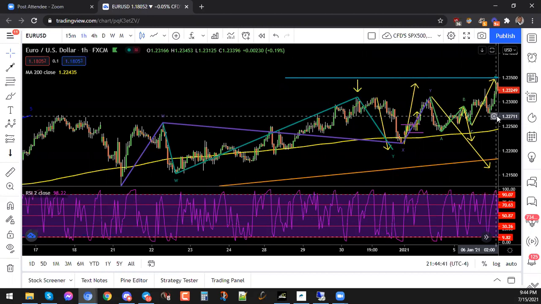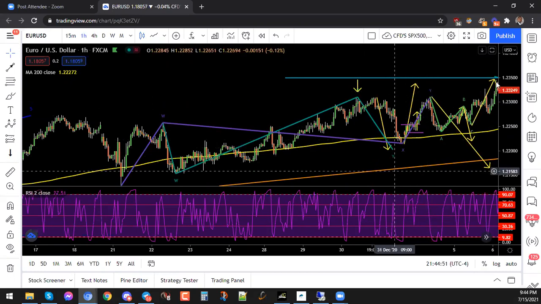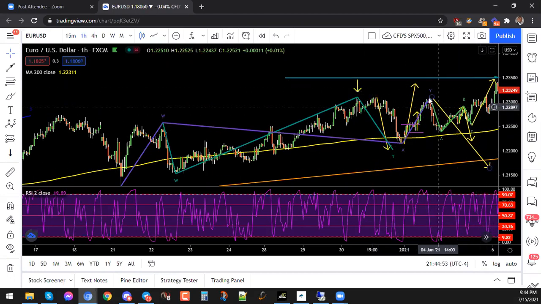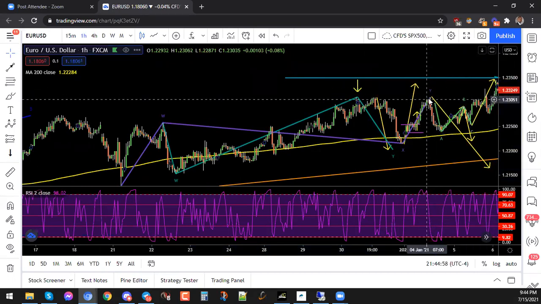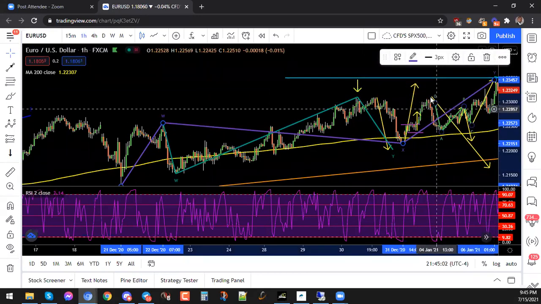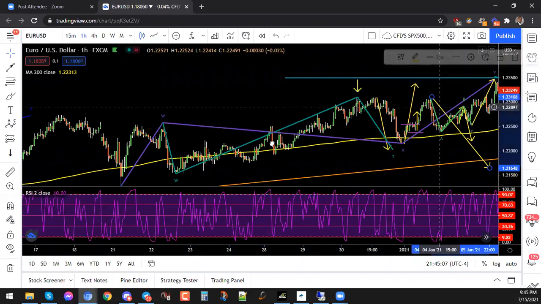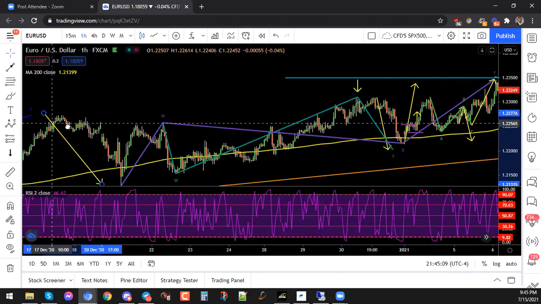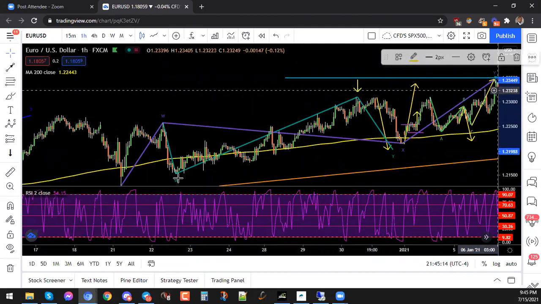What does this red candle mean? This red candle means that we are potentially looking to make a move to the downside. And since this wave up came in 1, 2, 3 parts, I'm going to adjust this. Oops, not this one. This one is going to go over here, right? Fix this one. Good. And this wave, which is this one, is going to come back over here, right?